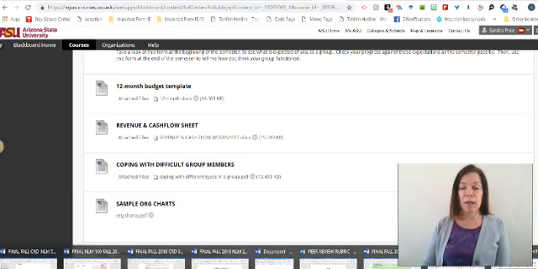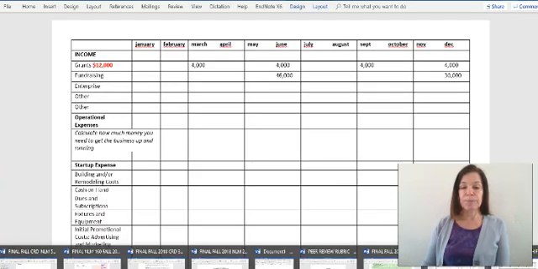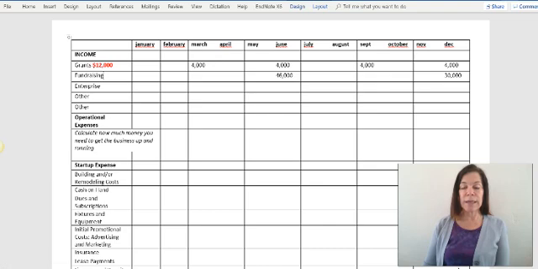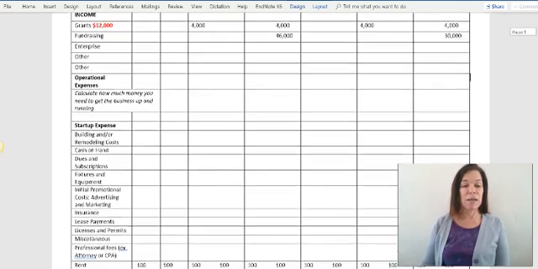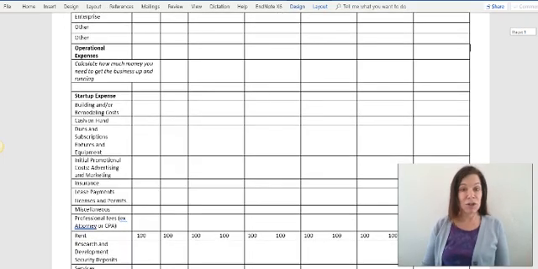I've got a couple going here that I've already put some numbers in, and you can ignore those for right now. I'll explain them in a minute, but let me just show you. This 12-month budget basically has down the side just about anything that an average business might need. And by might, I mean just that.